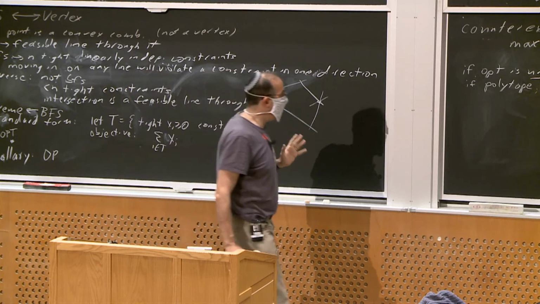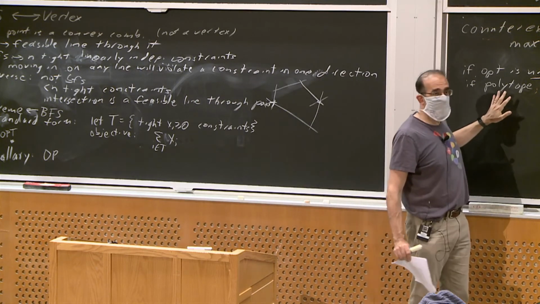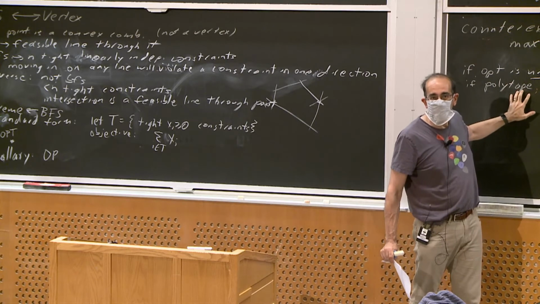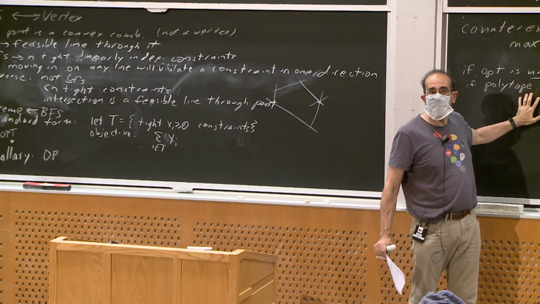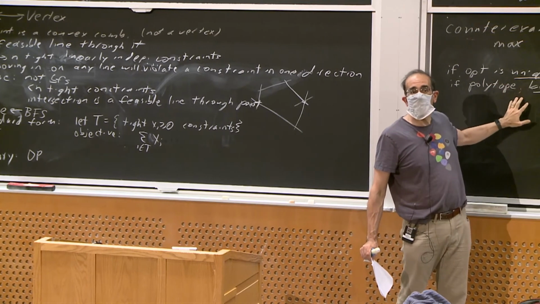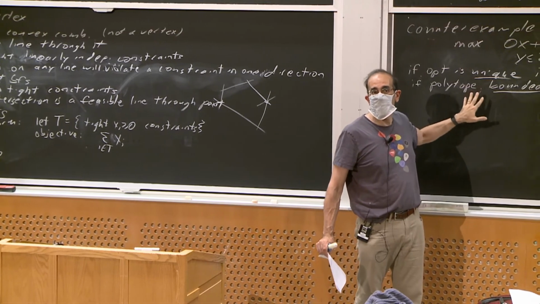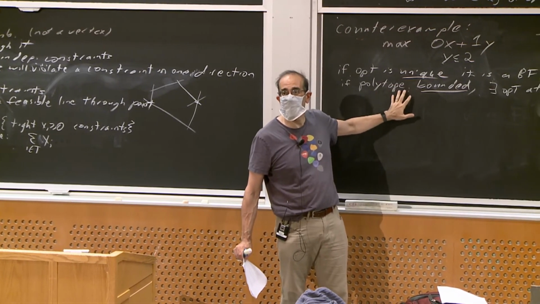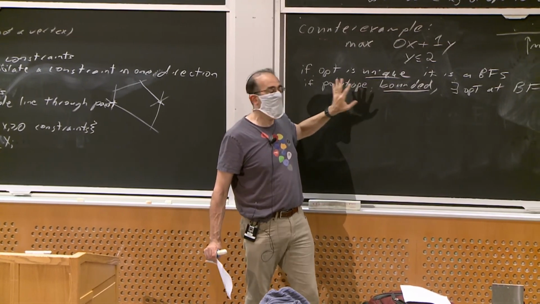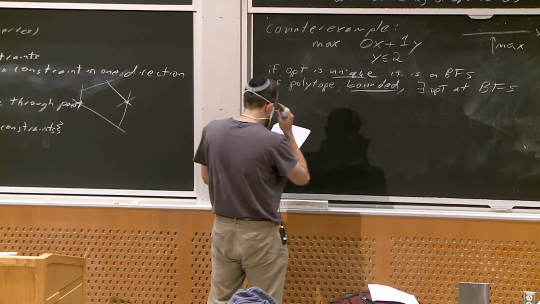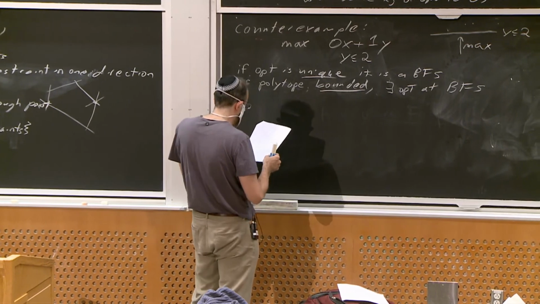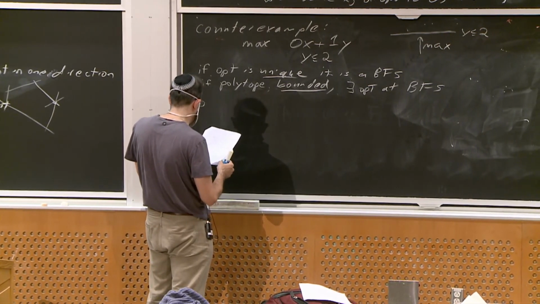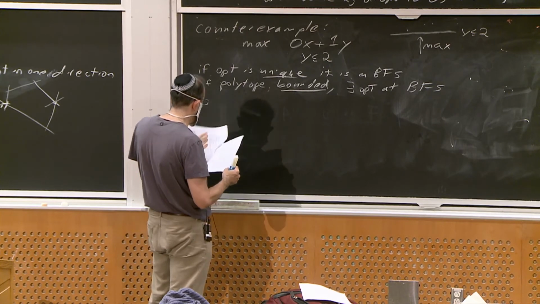And you can use any boundary. The idea is that if you're not at a basic feasible solution, there's some feasible line, and you move on that line. If you know you're going to hit a boundary, then you know that eventually you're going to hit a constraint before you hit that boundary, because that's the definition of being bounded. So every bounded polytope actually has a constraint that is a basic feasible solution. Okay.